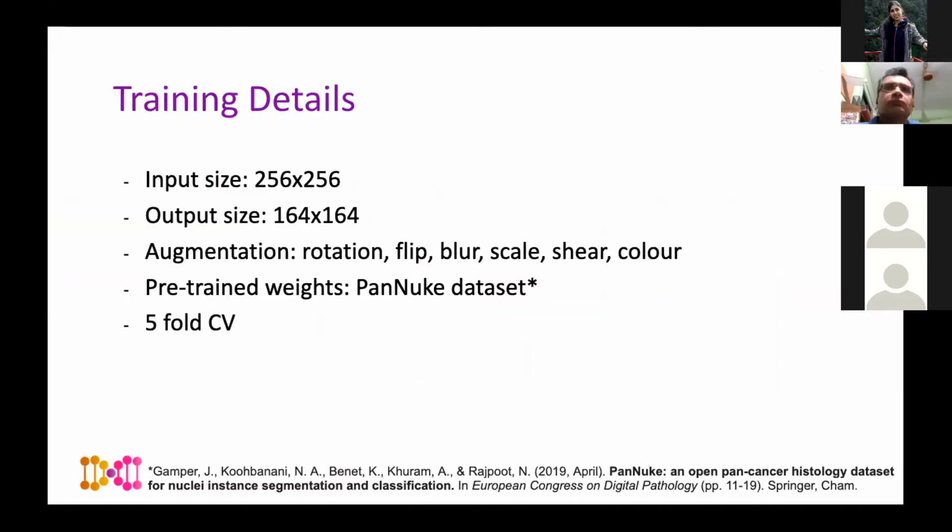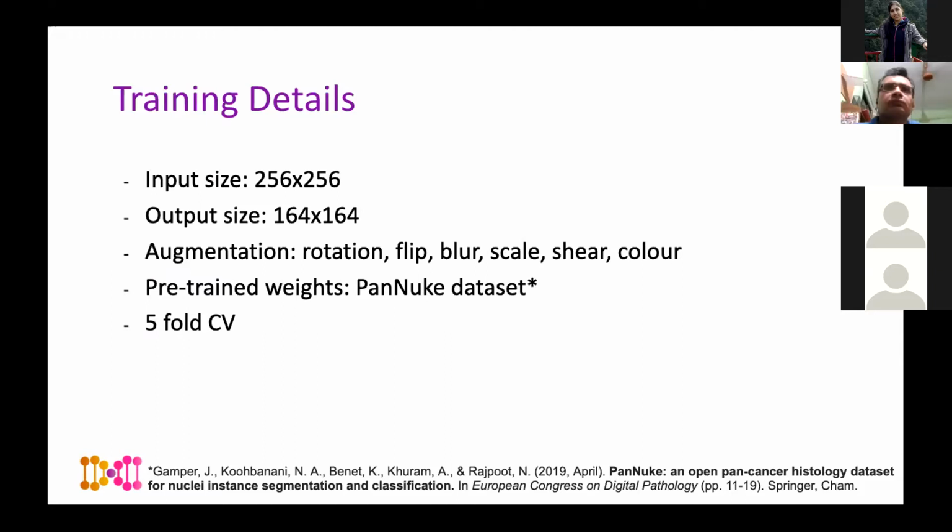So for some training details, we use an input size of 256 by 256 and an output size of 164 by 164. The difference in output was because we used valid convolution in the upsampling branches. We then used rotation, flip, blur, scale, shear, and color augmentation. We used pre-trained weights on the PanNuke dataset and used 5-fold cross-validation.